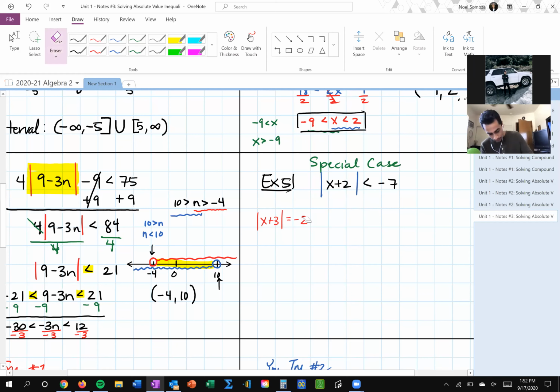With that same idea, just think about what's going to come out of this. The absolute value of anything plus 2. What's the smallest number you think you're going to get out of that? Probably 0, right? Some decimal, maybe, but it's going to be positive.